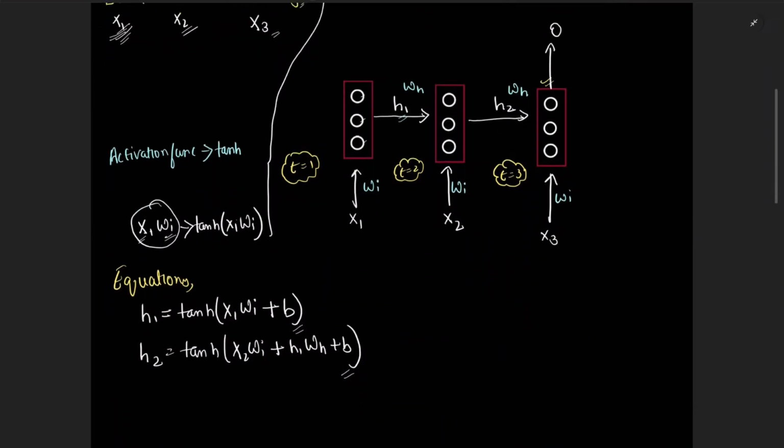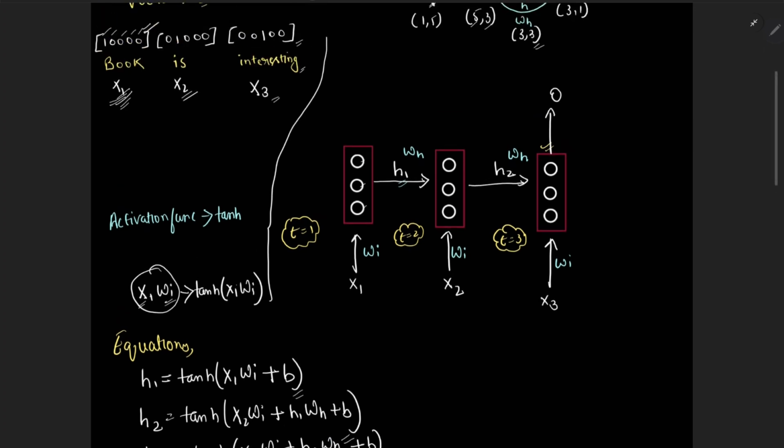So here we will also calculate h3. h3 will be tanh of x3 wi plus h2 wh plus a bias b.